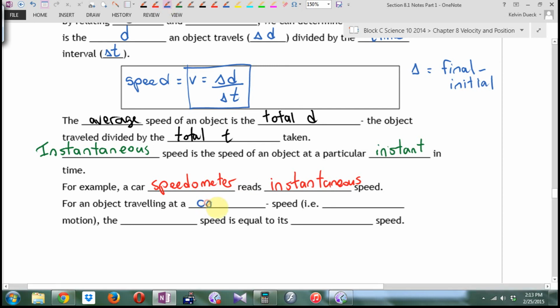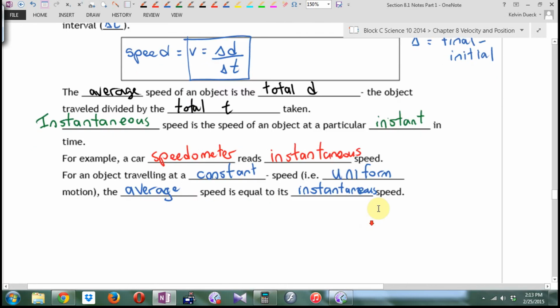For an object traveling at a constant speed, what we call uniform motion, the average speed is equal to its instantaneous speed. That's a lot of mumbo-jumbo boring stuff.